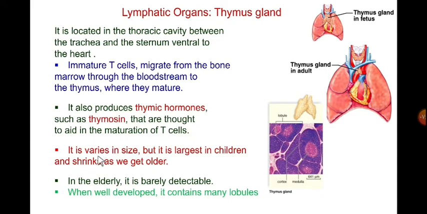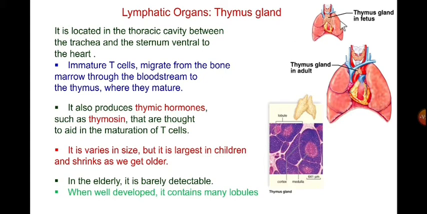It varies in size but is largest in children and shrinks as we get older. طبعا زي ما انتم شايفين الثايمس جلاند في الجنين والاطفال بيكونوا كبار، لكن بتكون متقلصة لما نكبر، يعني حجمها صغير في الأدلت وحجمها كبير لما يكون الانسان children أو في الفيتس.